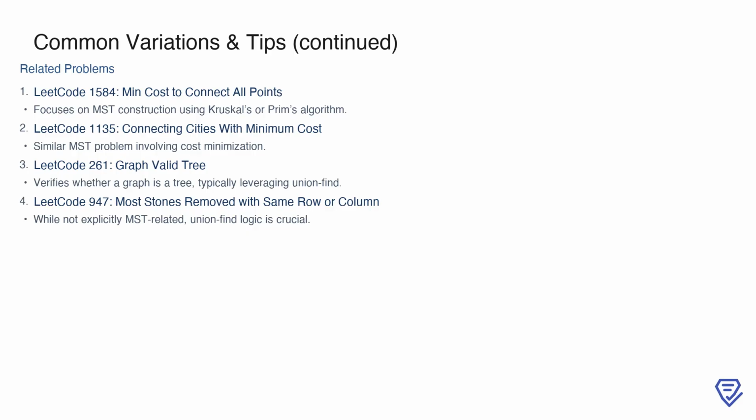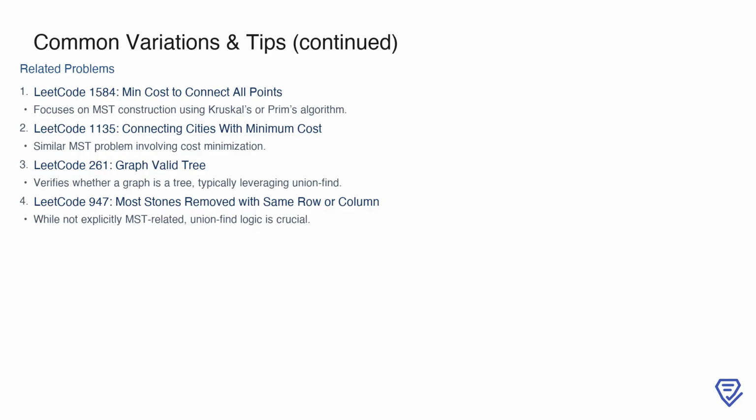LeetCode 1584, Min Cost to Connect All Points, is a classic problem that focuses on constructing an MST using Kruskal's or Prim's algorithm. Similarly, LeetCode 1135, Connecting Cities with Minimum Cost, is another MST problem where cost minimization is the goal. On a slightly different note, LeetCode 261, Graph Valid Tree, involves verifying whether a graph is a tree, which can often be done using union find to detect cycles.